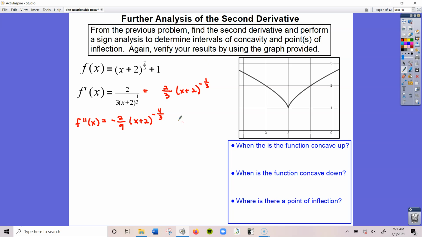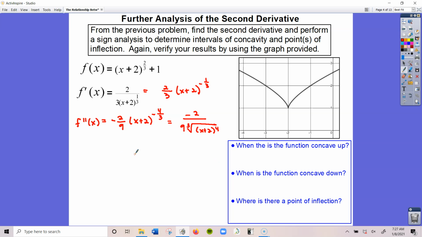And then the derivative of x plus 2 is just 1. So this is my second derivative, which I can rewrite as negative 2 over 9 times the cube root of x plus 2 to the 4th.